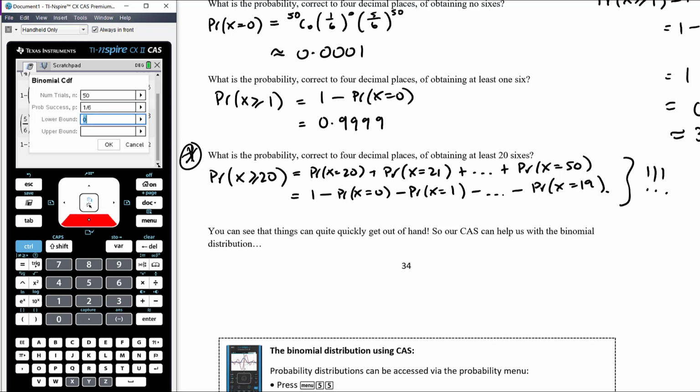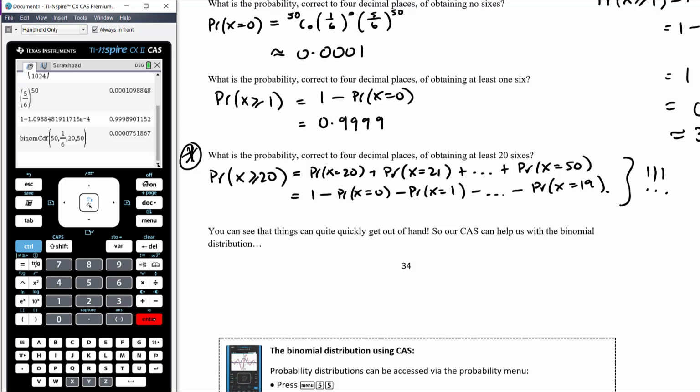Then we need the lower bound. When x has to be bigger than or equal to 20, the lowest x value we want to calculate the probability for is 20. And the upper bound: we've only got 50 trials, so we can only have at most 50 successes. Then we press enter, and we get our answer. We can write that accurate to 4 decimal places. It would still be 0.0001, but it's smaller than the answer we had previously.